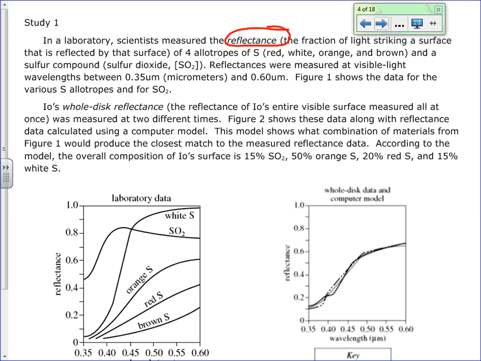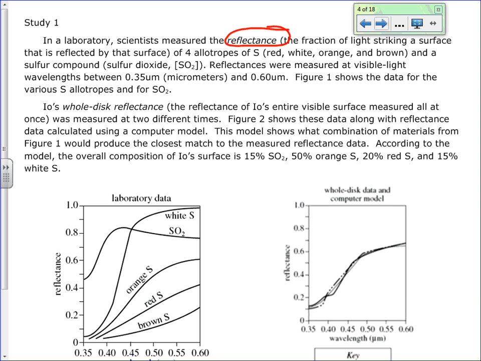Going once? Going twice? All right, so when we say reflectance, what do we mean by reflectance? It's sort of defined for us in the passage there. What does it say it is in the passage? Fraction of light striking a surface that is reflected by the surface.